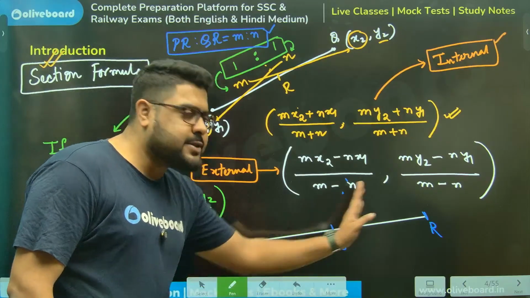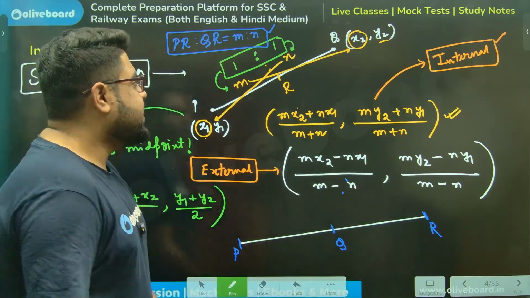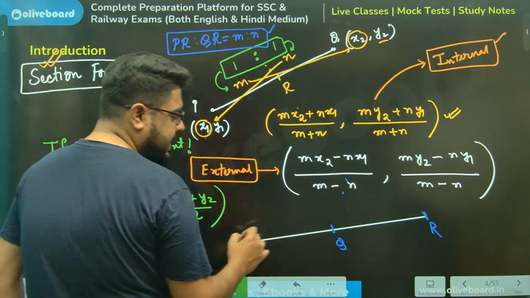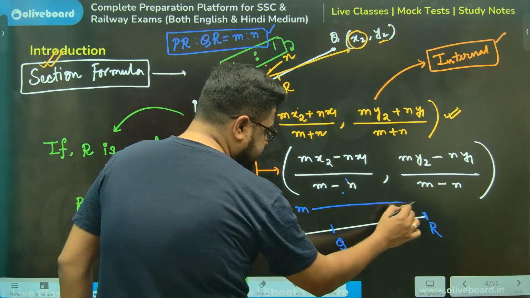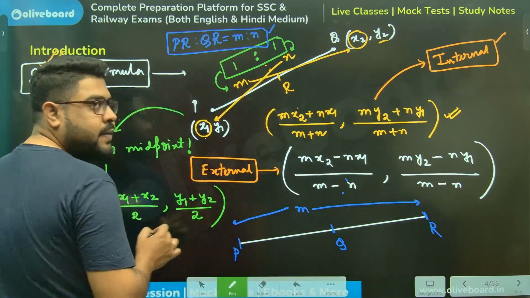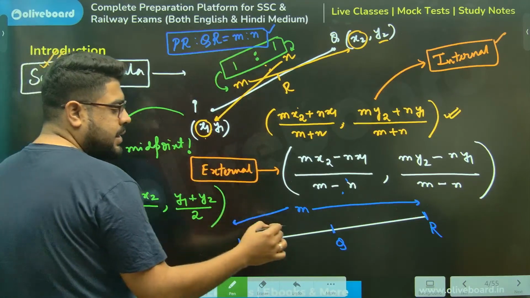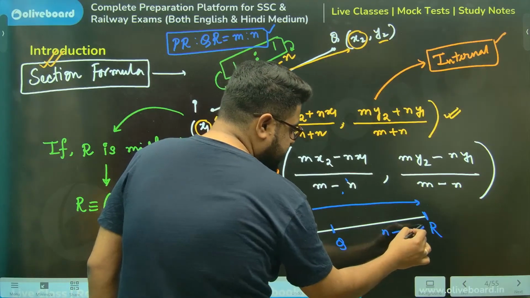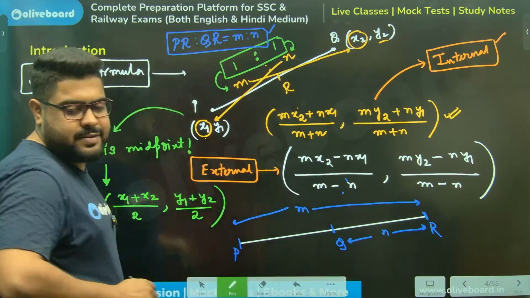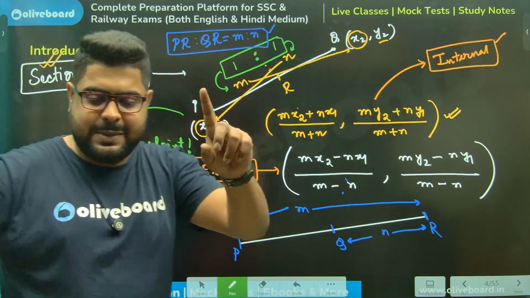PR is M, this part is M, and QR, this part is N. M is to N.